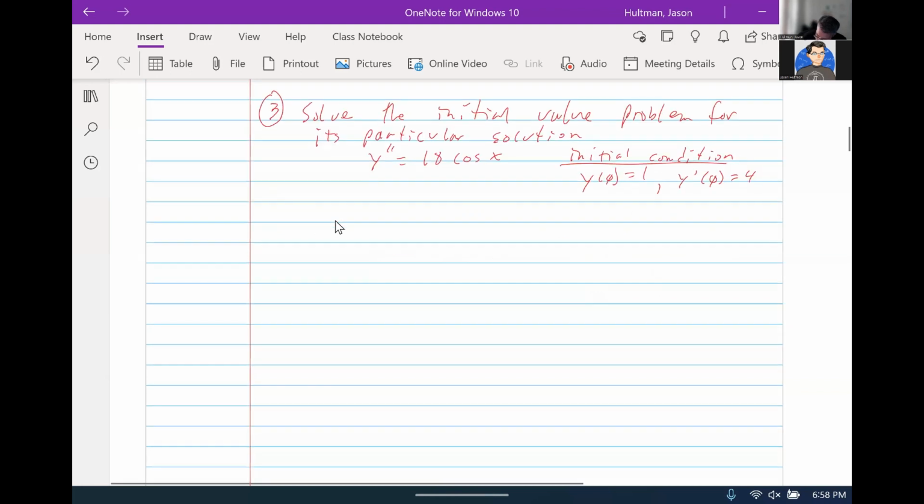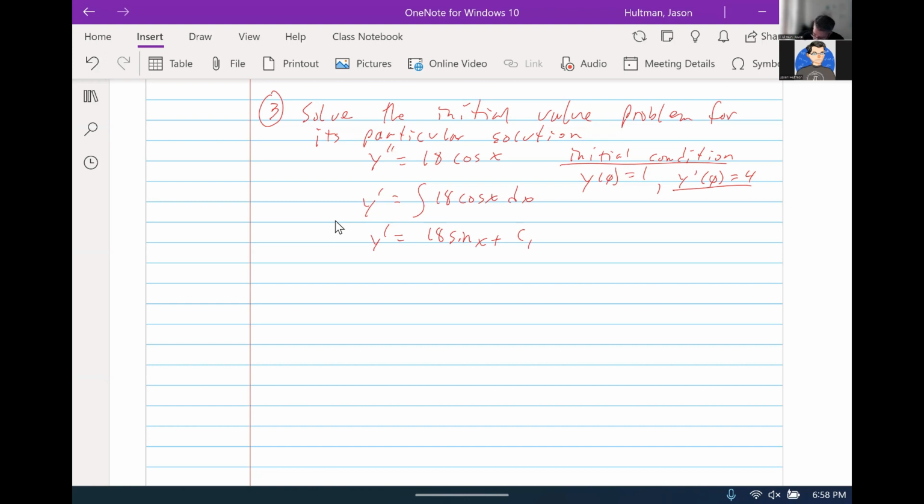So if we integrate this, we get y prime is equal to the integral of 18 cosine x dx. And so y prime would be equal to 18 sine x plus, call that c1. If we look at our initial condition, y prime of 0 is equal to 4, we can solve for c1 right now.